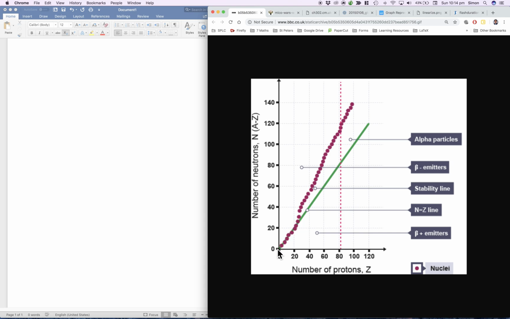How steady is it? It looks like it's running through 0, 0 and 20, 20. That means that if I increase the number of protons by 20, I'm also increasing the number of neutrons by 20. Okay, so we call this a 1-to-1 ratio, and it's actually proportional.